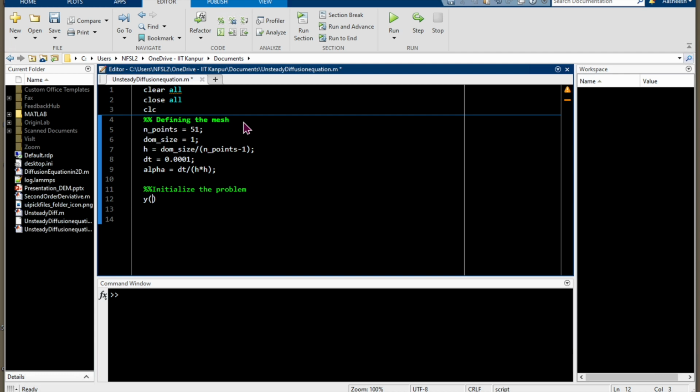Y will be a 2-dimensional array, which is n points by n points. Arrays are very important here. If you want to save the values at every time step plus each spatial domain, you have this rectangular domain, and at each time step the grid will move.